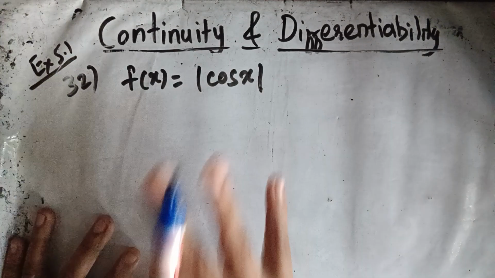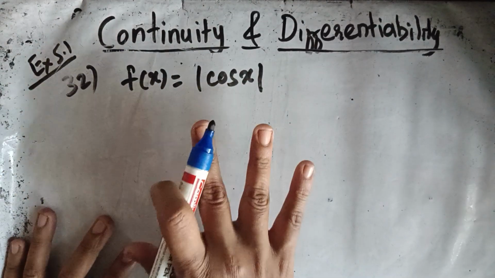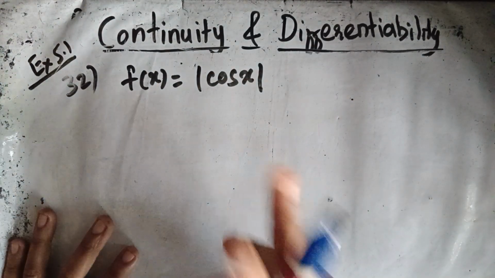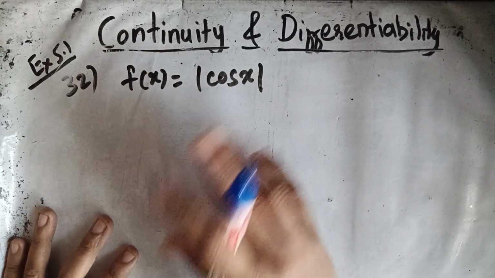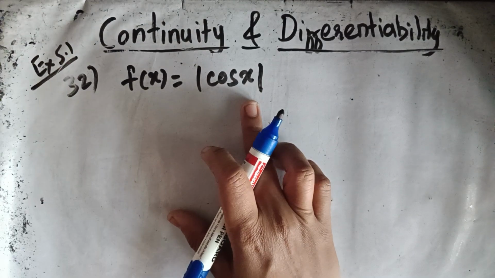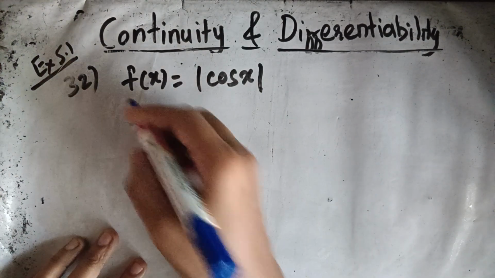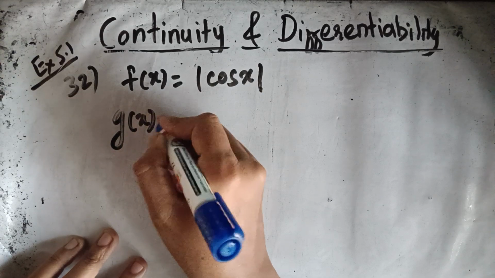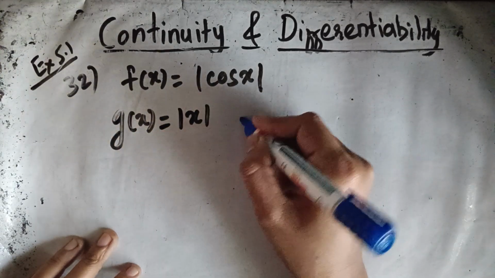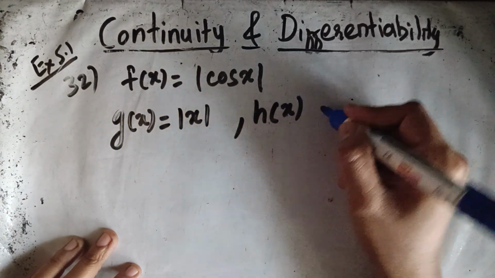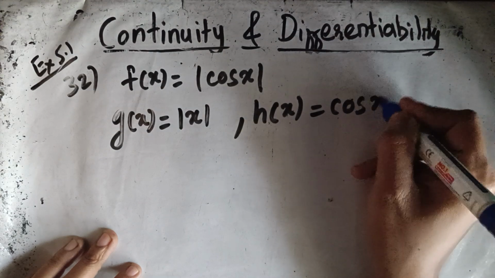Now here also the same thing, that is, this is a composition of two functions. So there is one function that is cos of x and another function is mod. Okay. So we have g of x as mod of x and h of x as cos of x.